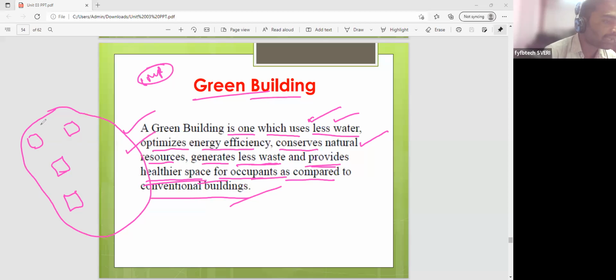Here the water supply line is made as per the municipality, and the drainage is systematically well developed. A well developed transportation system, piping system, drainage system and electricity supply are there for this community. Such a community or building is called a green building. Is it clear, everyone? What is green building?